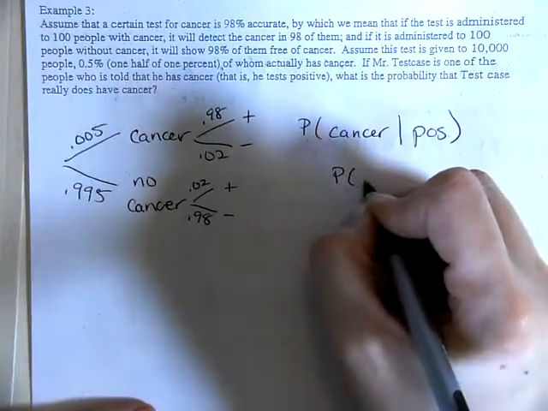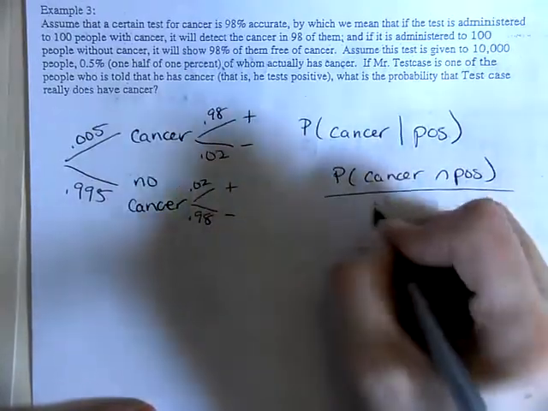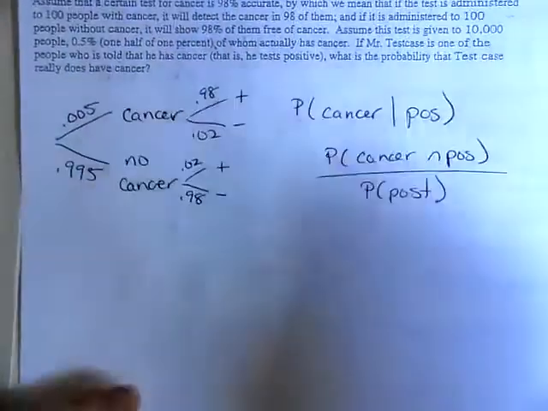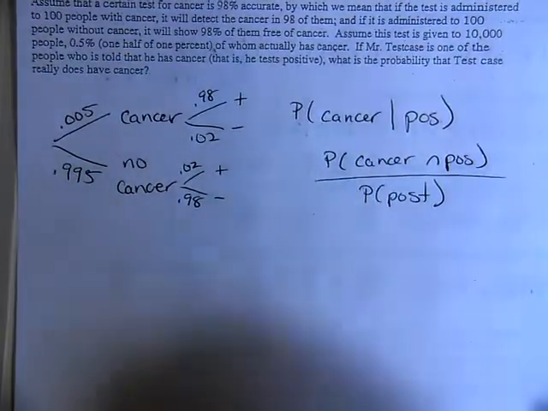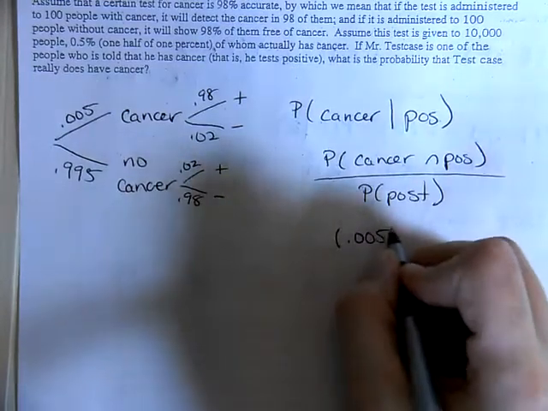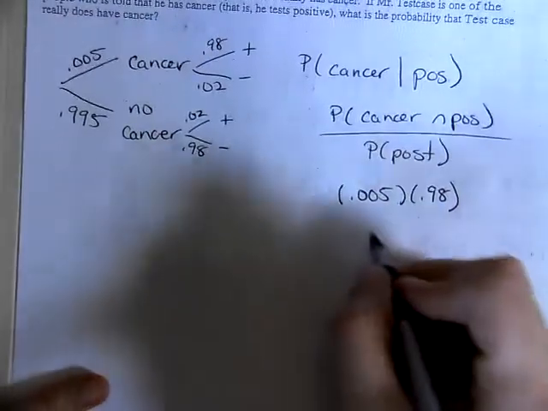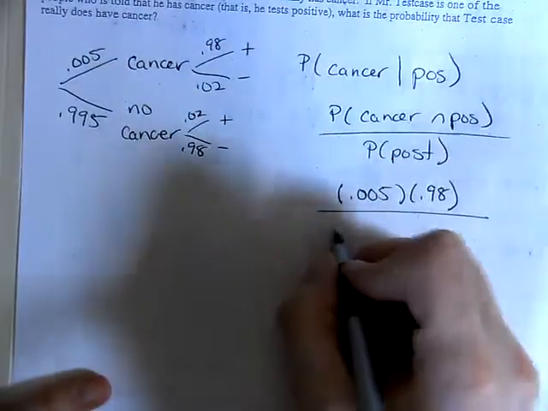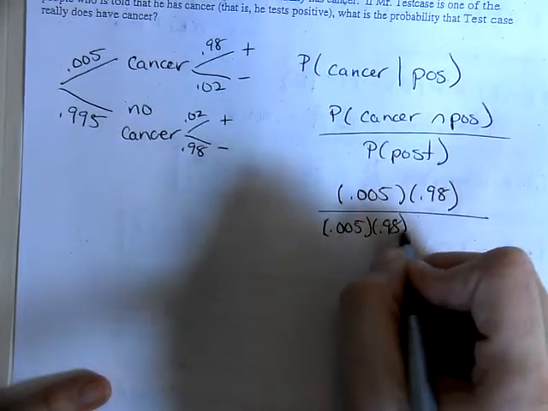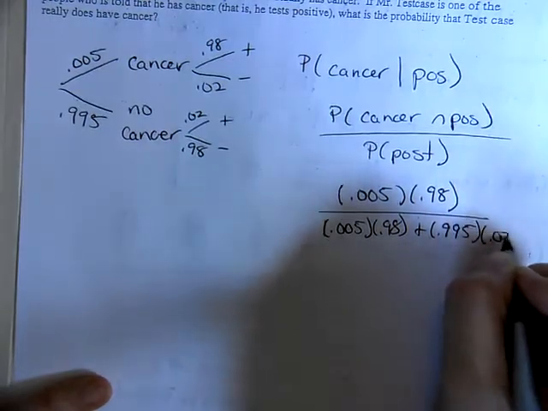That means he should have cancer and test positive, over the different ways to test positive. So has cancer and tests positive, 0.005 times 0.98, over the 2 ways to test positive: 0.005 times 0.98, or he does not have the cancer and gets a false positive.